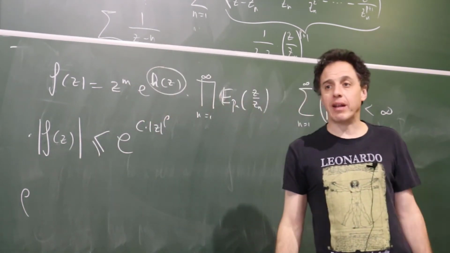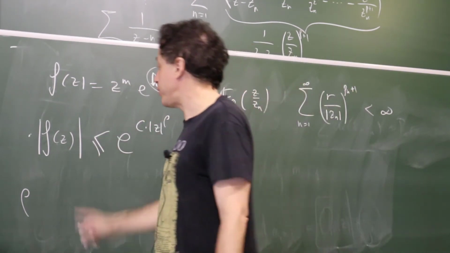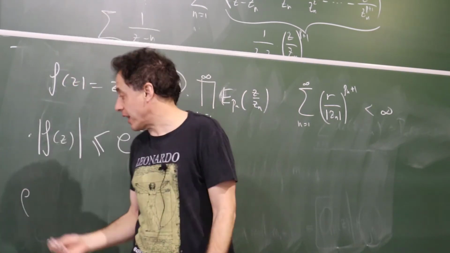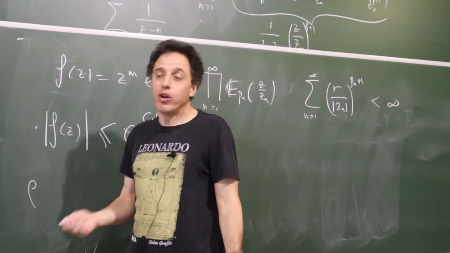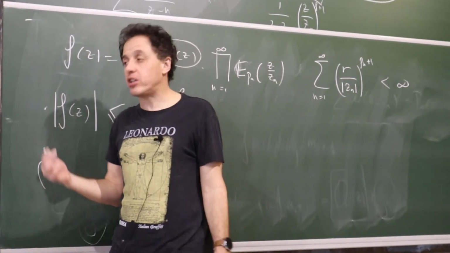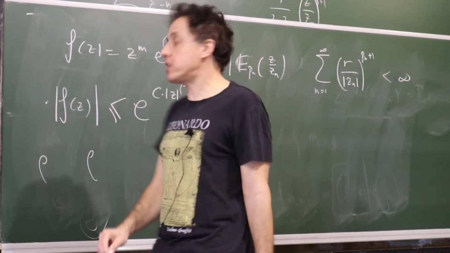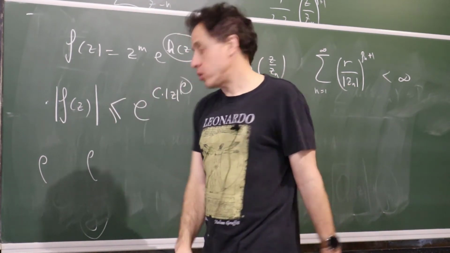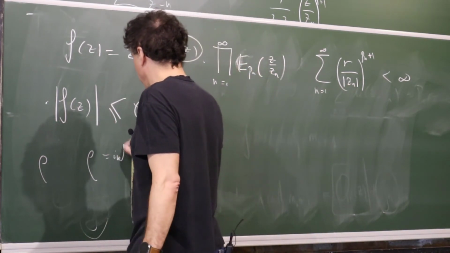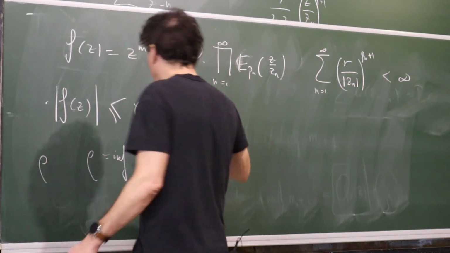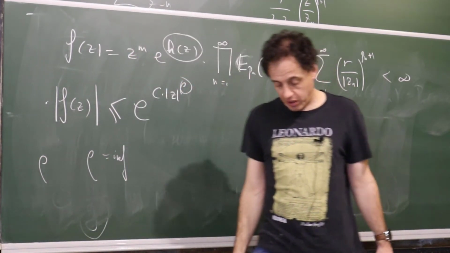If the function can be bounded like this, we will say that this function has growth order at most rho. And normally the growth order of a function is defined as the infimum of all the numbers here that verify this inequality.